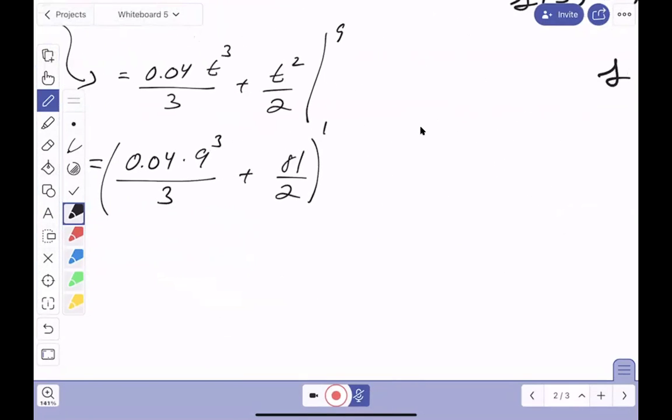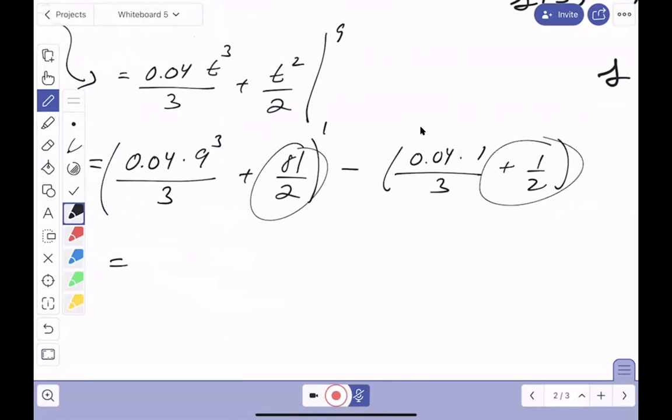And I will do the arithmetic, minus 0.04 times 1 cubed, well, that's just 1, over 3 plus 1/2. I'm going to do the arithmetic. And again, the way I do arithmetic, the way you do arithmetic may look different, but the outcome can't be different. All right, so it's 81 halves minus a half, which is going to be 80 halves, which is 40.